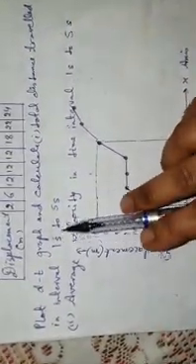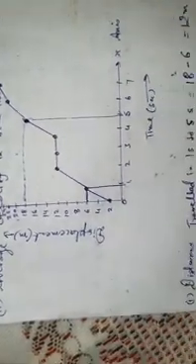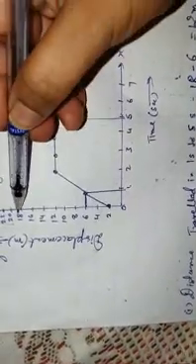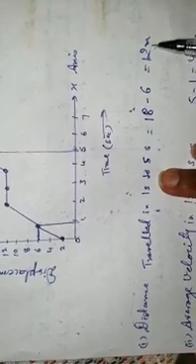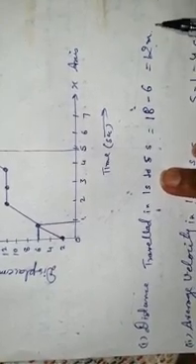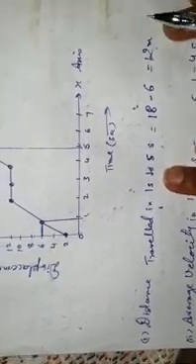Now first, what do we have to find? We have to find the total distance travelled in 1 second to 5 second. The distance travelled in 1 second to 5 second: you can see 1 second means 6 meter, 5 second means 18 meter. So 18 minus 6 is equal to 12 meter, the total distance travelled in 1 second to 5 second. Now second is the average velocity.